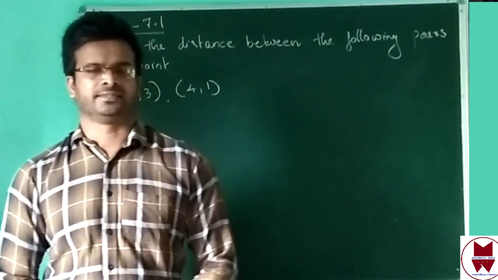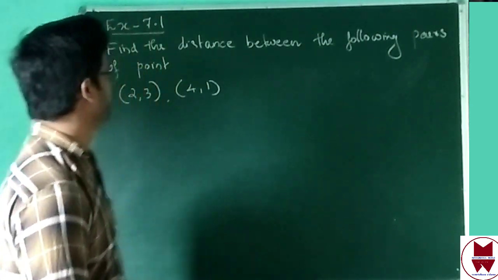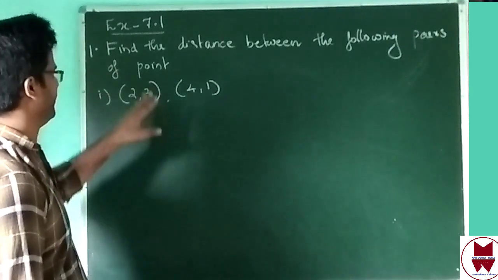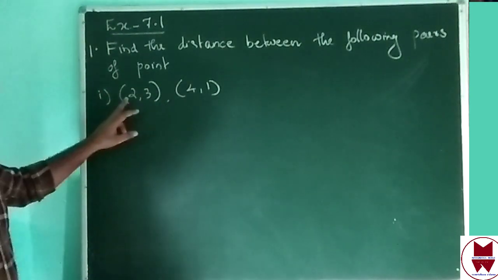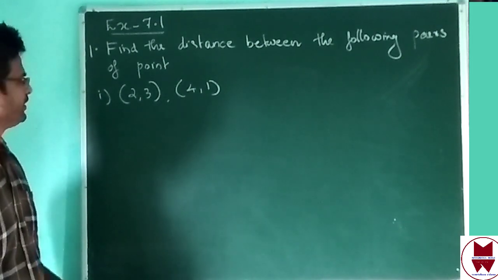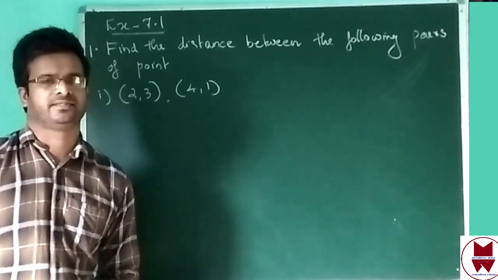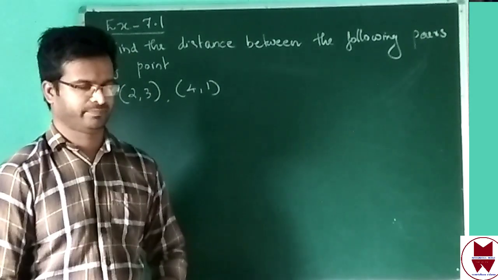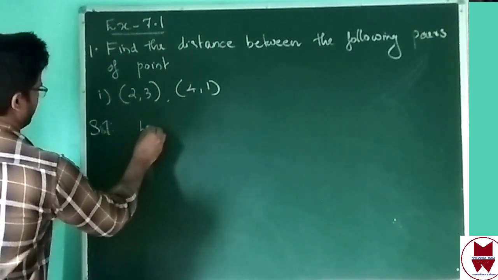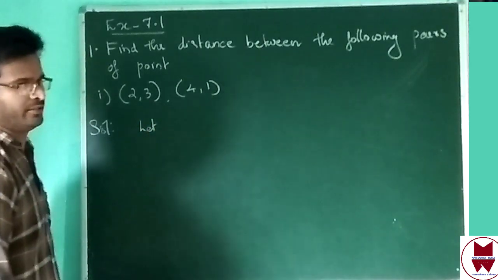Now we can start exercise 7.1, question number 1. Find the distance between the following pairs of points. Roman numbers 1, 2, 3, 4. In 1, 2 points are given, then we have to find out the distance between these 2 points. Let's start the solution. We can give 2 names.